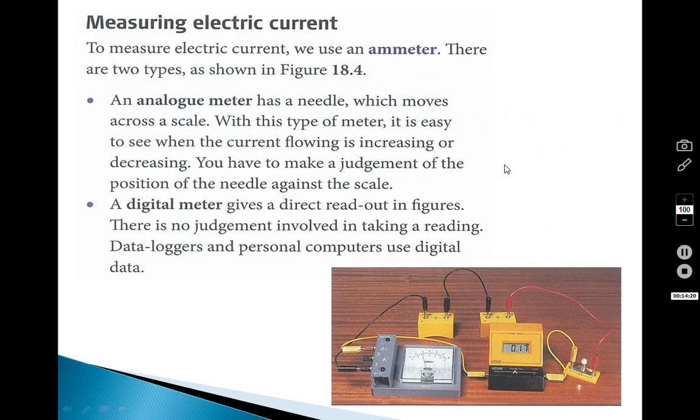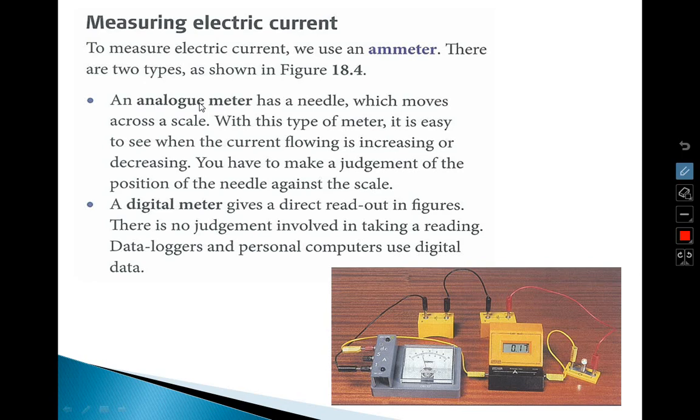Okay, so now how could we measure electric current? To measure electric current, we use, as we said before, an ammeter. And to measure voltage, we use a voltmeter. We use two types: an ammeter for current, a voltmeter for voltage.